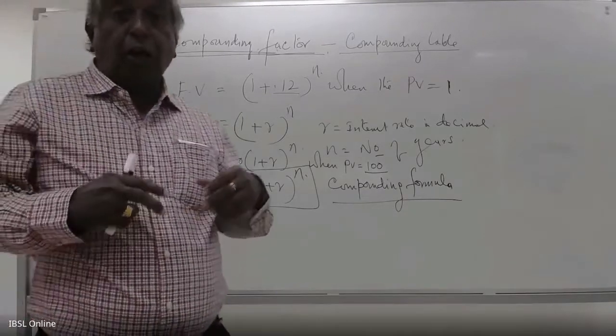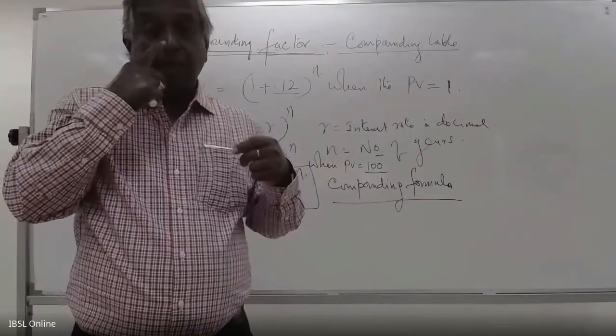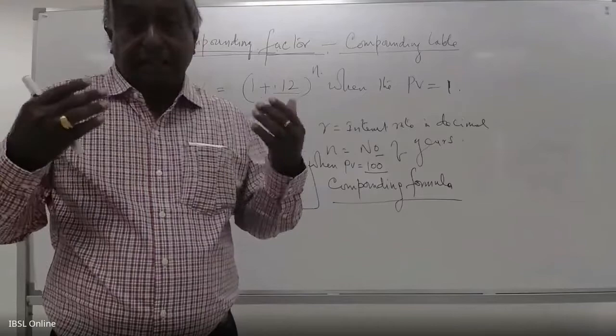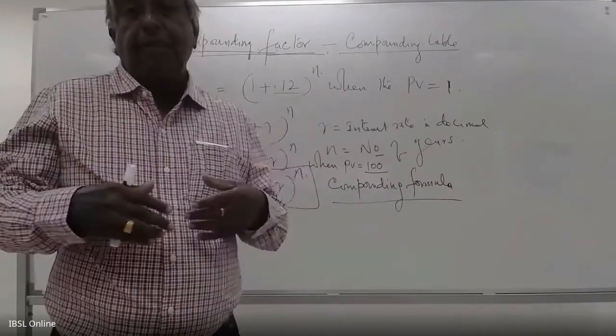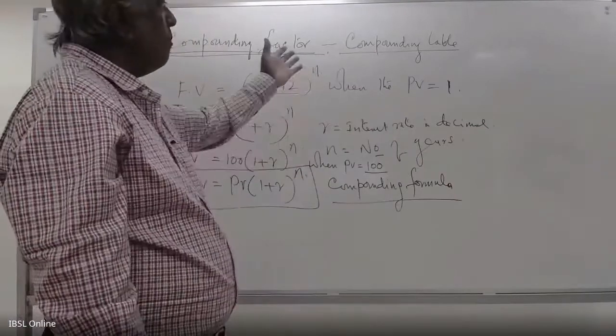Like the log table, logarithms, you would have learned in mathematics. For trigonometry, when you have learned, there are sine table, tangent table, cosine table, cosec table. Like that, there is a compounding table.